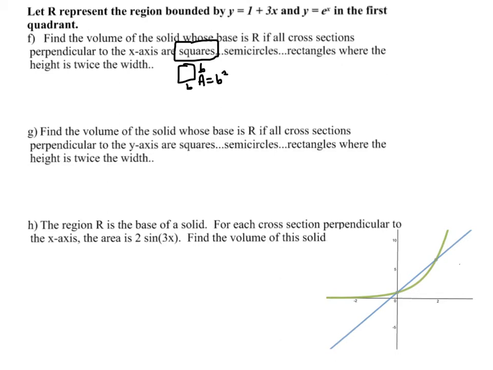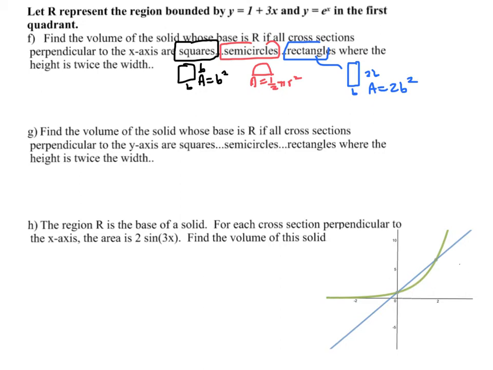If I think about a semicircle, the area is 1/2 pi r squared. And a rectangle where the height is twice the width, so base and 2 times base, so the area is 2b squared.